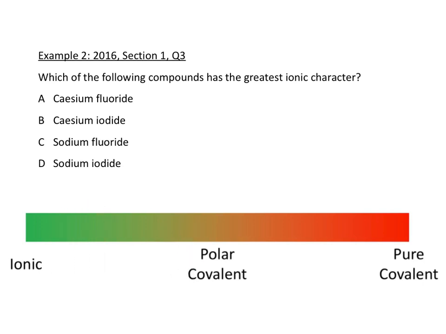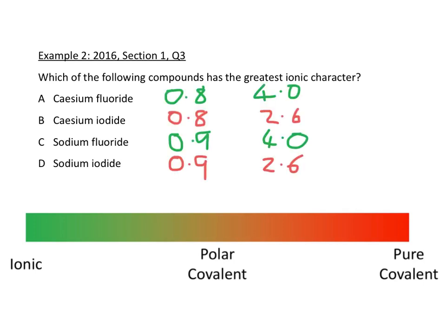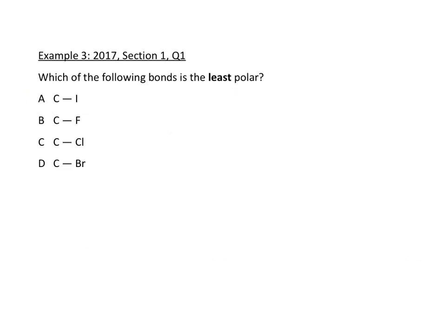The easiest way to tackle this type of question is to look up the electronegativity values and see which pair has the biggest difference. Looking at those values, we can see the biggest difference is in cesium fluoride, so that gives us our answer as being A.